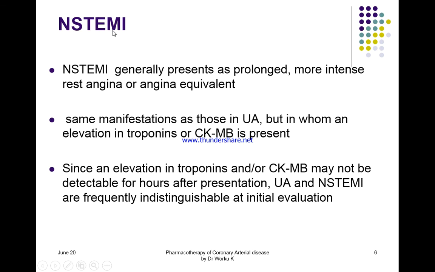So non-ST elevated myocardial infarction generally presents as prolonged, more intense rest angina or angina equivalent, with the same manifestation as in unstable angina, but in whom an elevation in troponin or CKMB is present. So the main difference between unstable angina and non-ST elevated myocardial infarction is whether there are elevated cardiac biomarkers or not.